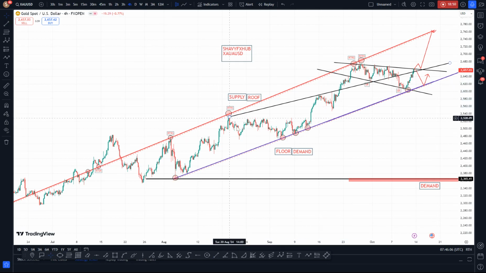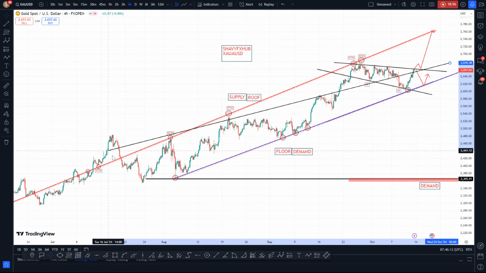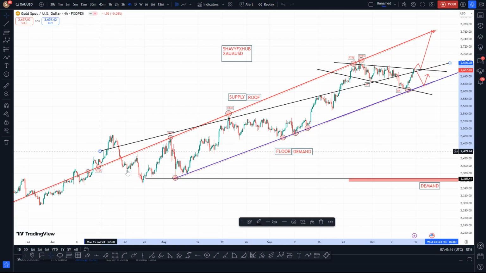So when we look at this structure critically, we will see here that price started playing from here. So we have here the support structure, break of a support structure, retest, retest, retest.